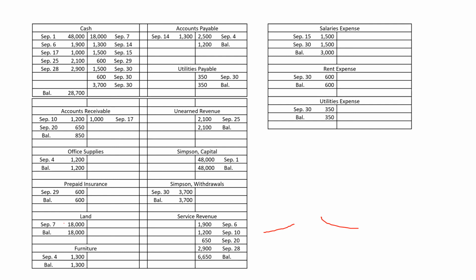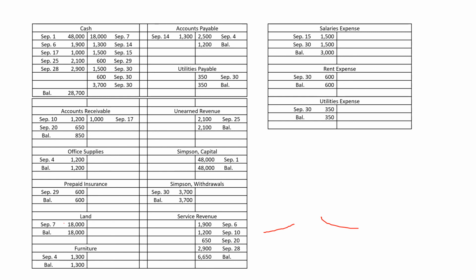On the 17th, debit side of cash, $1,000. Credit side of accounts receivable, $1,000. So we're just transferring. The 20th, on the debit side of accounts receivable, there it is right there, $650.